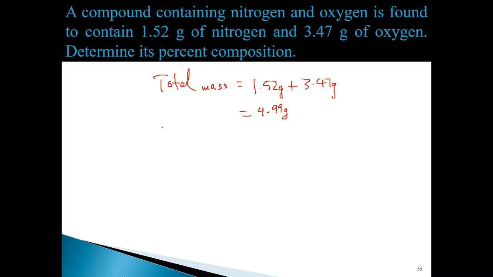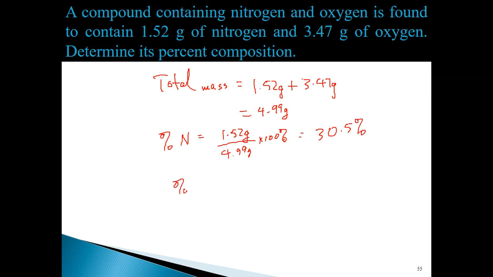So therefore, percent of nitrogen is equal to 1.52 grams divided by 4.99 grams times 100%. So 1.52 divided by 4.99 times 100, and according to my calculation, this is equal to 30.5%.